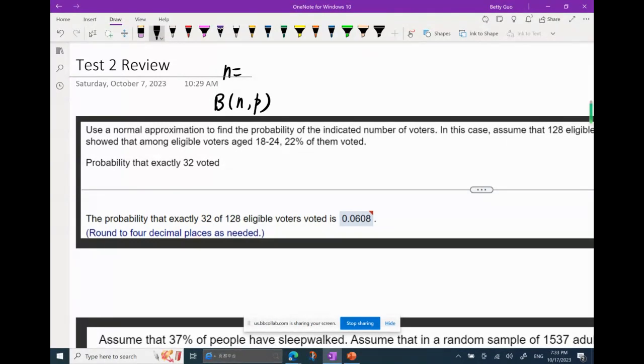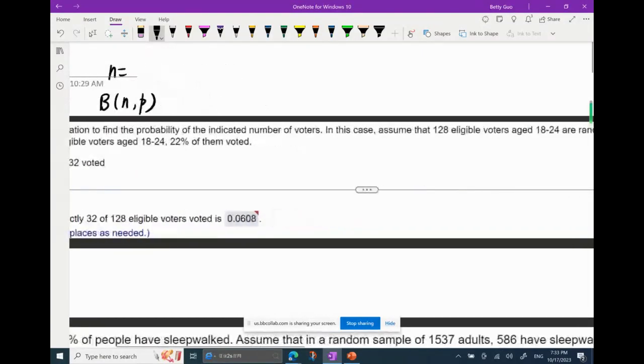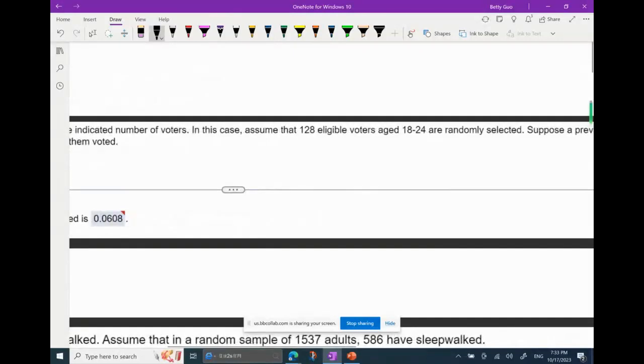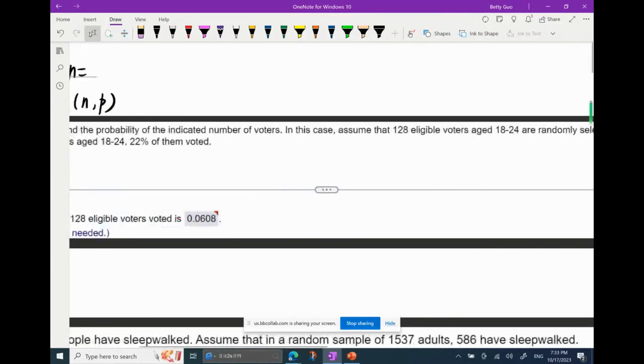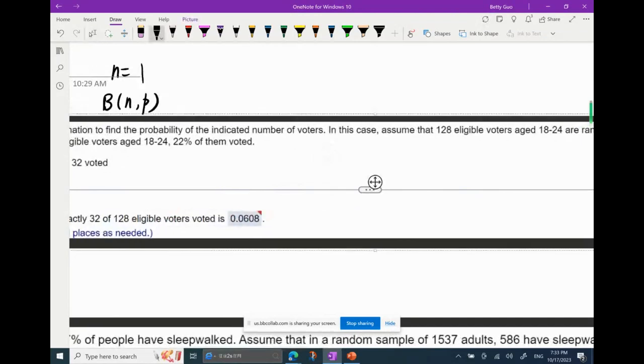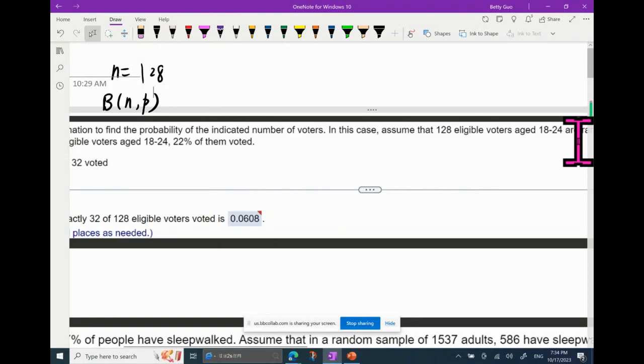To find the probability of the indicated number of voters, in this case, assume that 128 eligible voters aged 18 to 24 are randomly selected. So we have n equals 128. That's the number of trials.